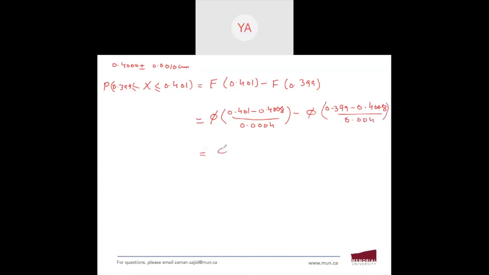So this is my phi at 0.5 and this is the phi at the other value. Now the procedure is the same, as I repeat.